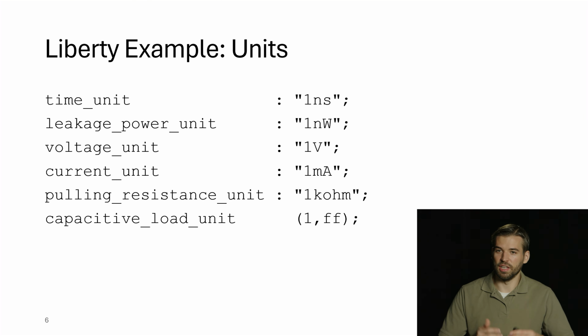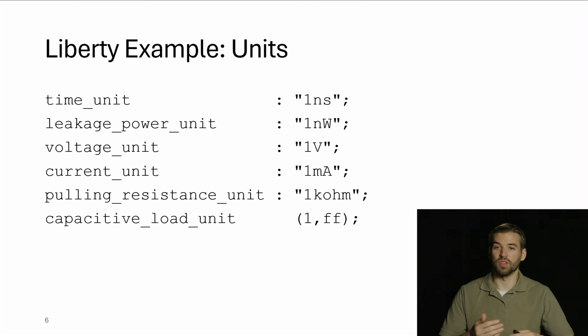So here is the first part of how a Liberty file actually looks like. For this instance, we can see that this is sort of the header of the file, where it dictates what are the units being used, what are the important parts, and how are the quantities quantified. So we have the time unit, in this case it's in nanoseconds.